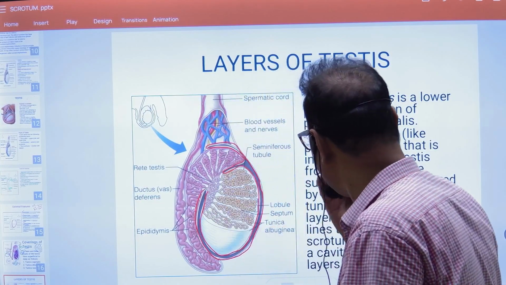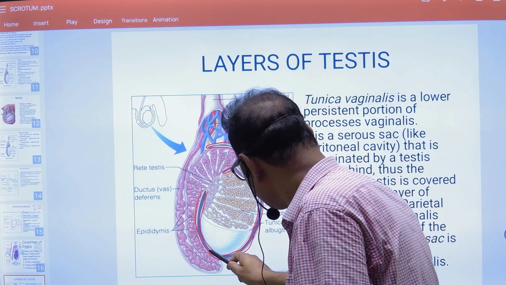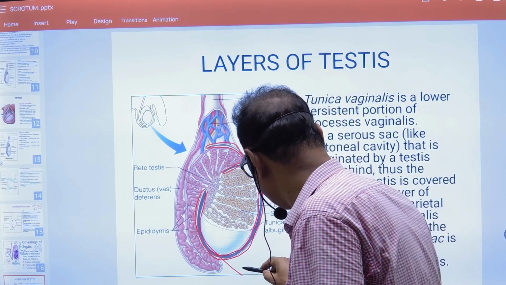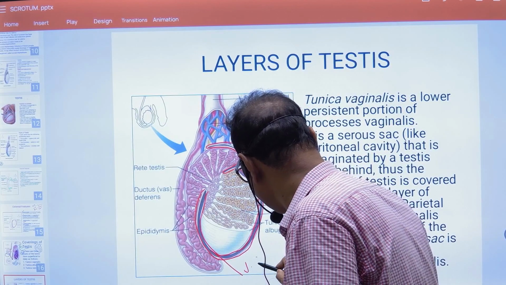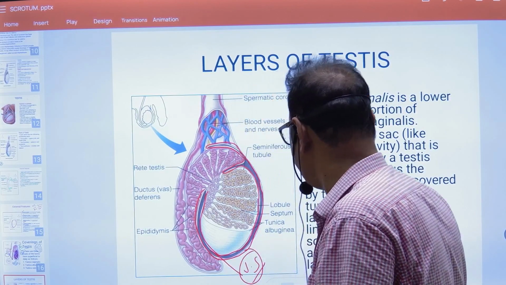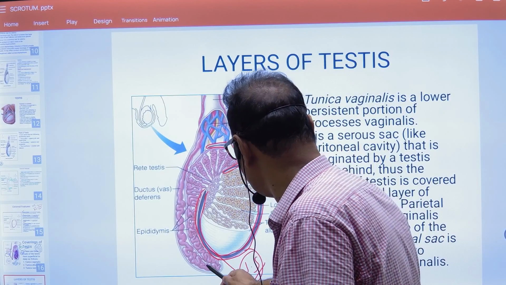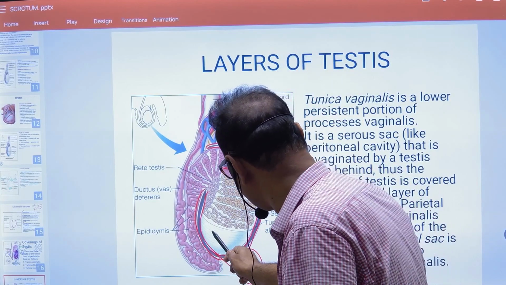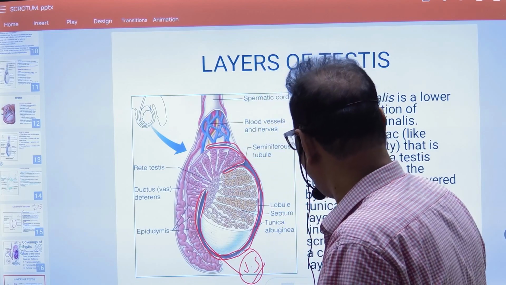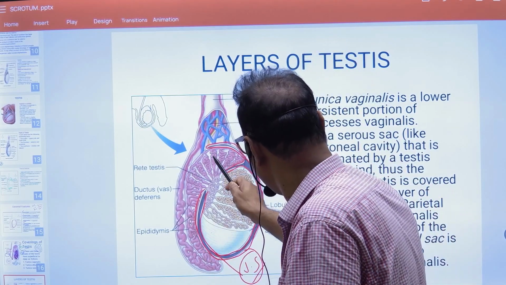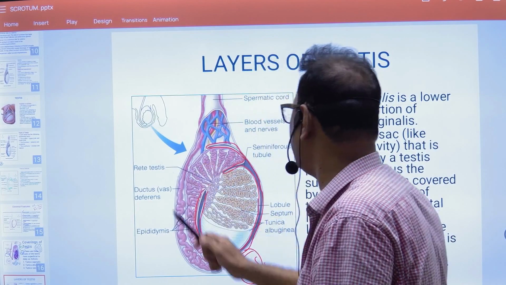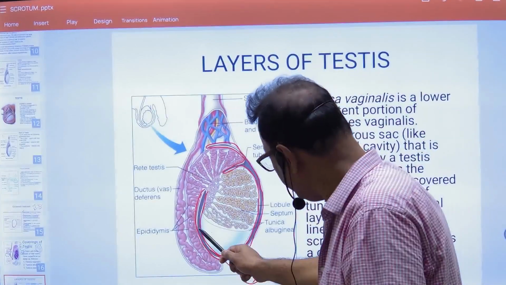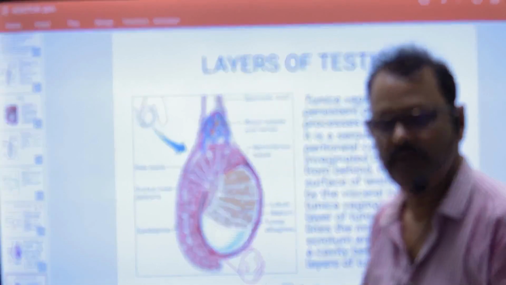Like this over here. So there is a sac over here, there is a gap over here. This is the vaginal sac, and you have got the epididymis over here. The head is in direct contact with the testis, but the body and tail portion is not in direct contact with the testis.